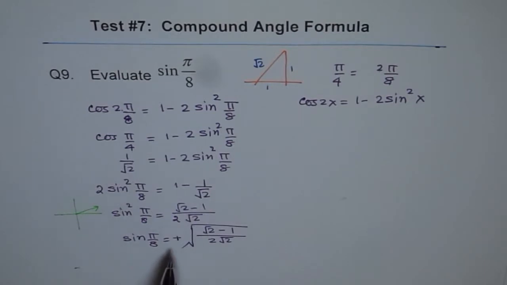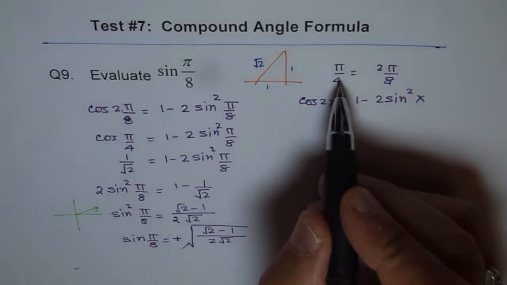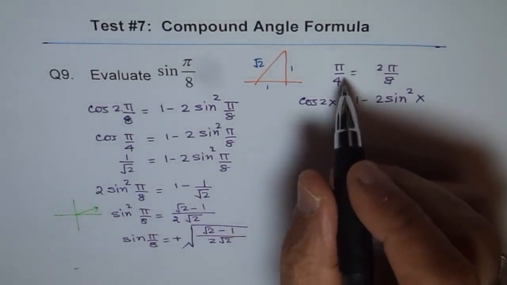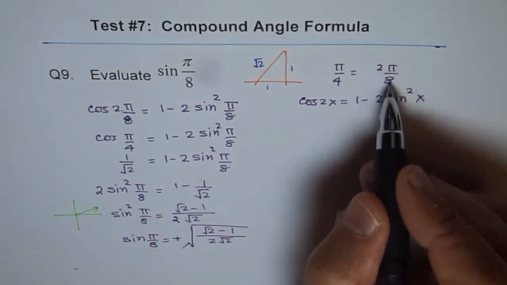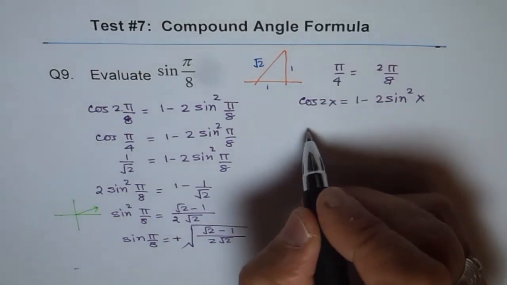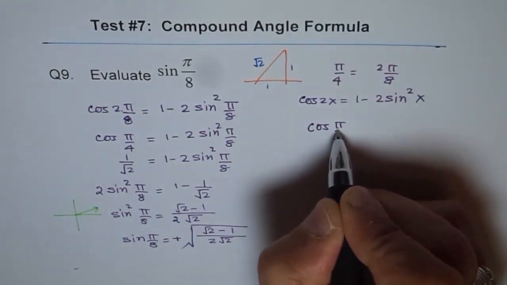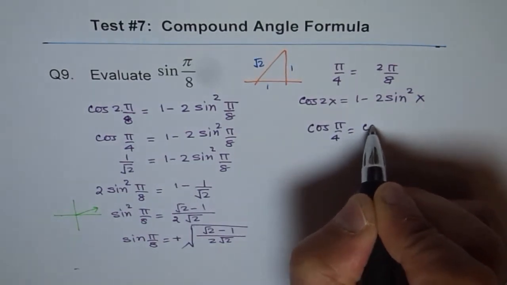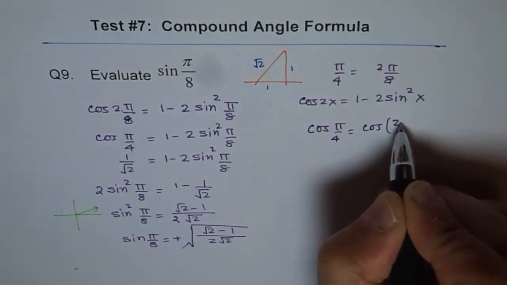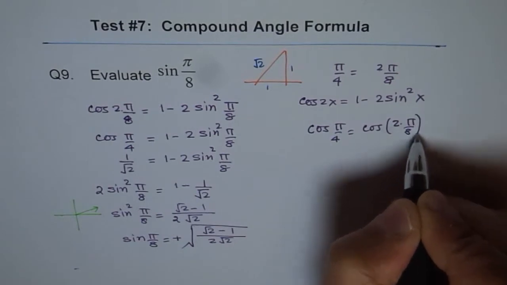Sine pi by 8 equals the square root of square root 2 minus 1 divided by 2 square root 2, correct? So the trick here is this. We start with pi by 4 is 2 times pi by 8, and then take cos of both sides, right? So what we are doing is we are saying cos pi by 4 equals cos of 2 times pi by 8, correct?